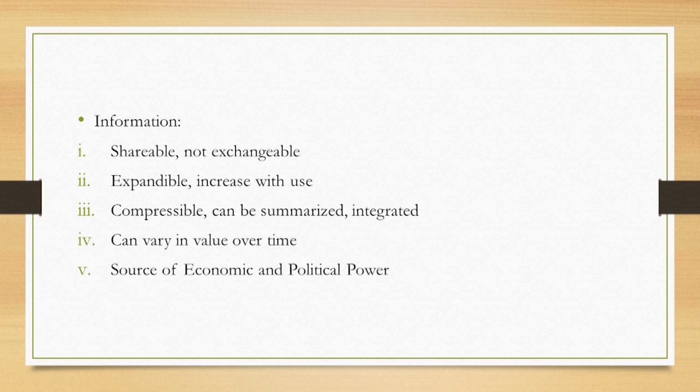In the case of library and information science, a piece of information, a book, a document can be valuable at this moment, or it can be reduced in its value in the days to come. And obviously, the last part is the source of economic and political power. Nowadays, the countries which have more information than others are thought of as being economically and politically stronger than the other countries.